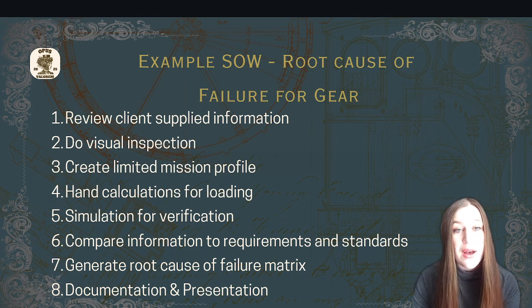Then you will compare your findings with regulatory requirements or standards information and draw up a diagram noting the possible causes of failure and detailing the specific failure mechanisms. Each of these phases will have some deadline to them, some resource that is used, and some methodology to be followed. When you create your task list for the project, make sure to only draw from your specific project scope of work.